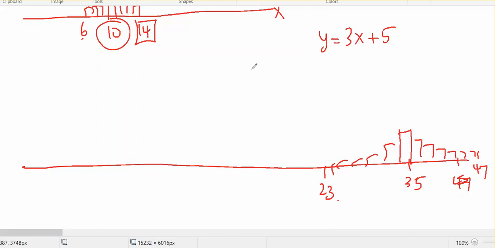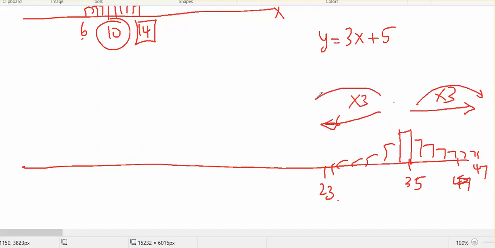So my spread got multiplied by 3 that way and multiplied by 3 that way, so it's 3 times bigger each way. And my mean got multiplied by 3 and then 5 was added, but the 5 had no impact on the spread whatsoever. The 3 did.